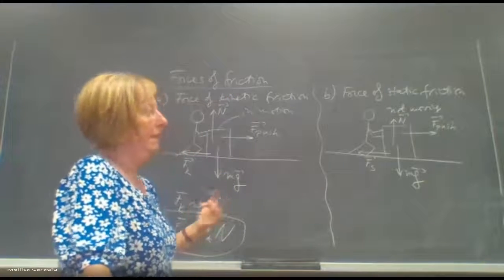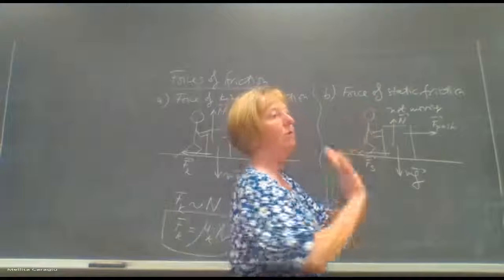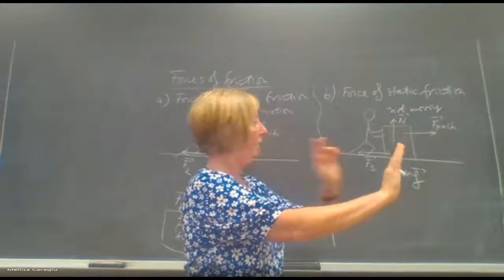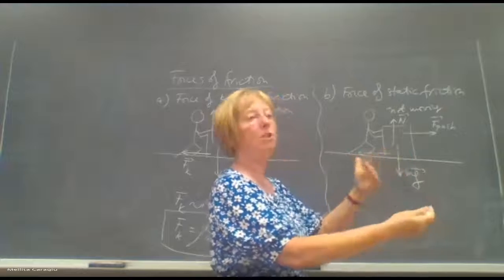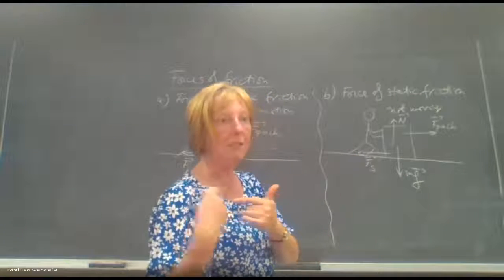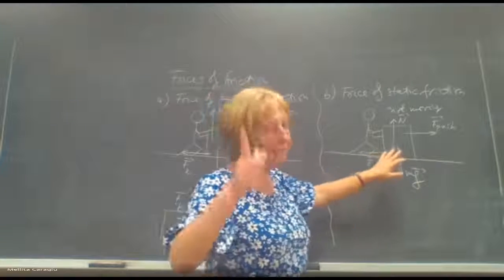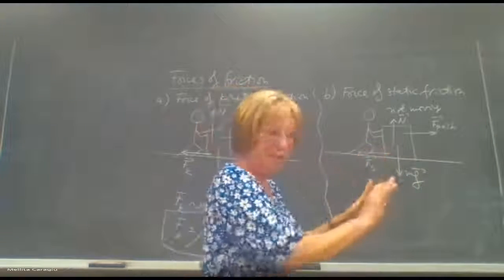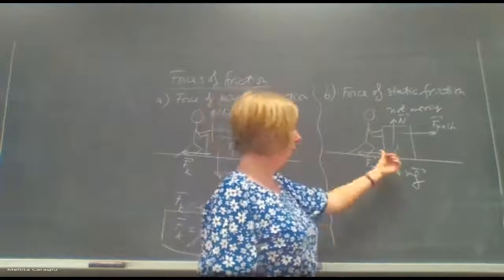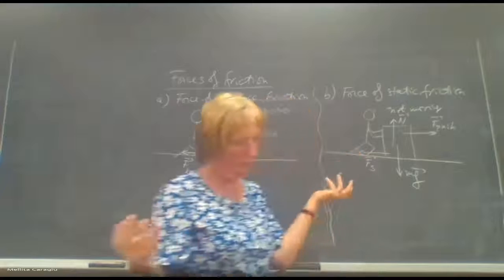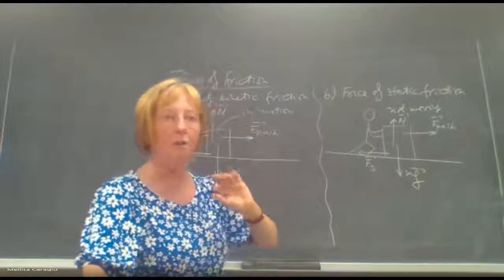And basically the idea is, if you push with 50 newtons, since the object is not moving, the force of static friction is exactly 50 newtons. If you push with 80 newtons and you're still not budging the object, the force of static friction has to be exactly that much, 80 newtons. So what's the conclusion here?